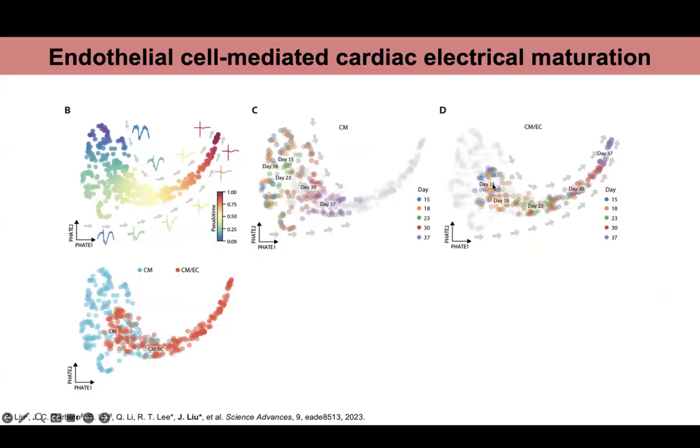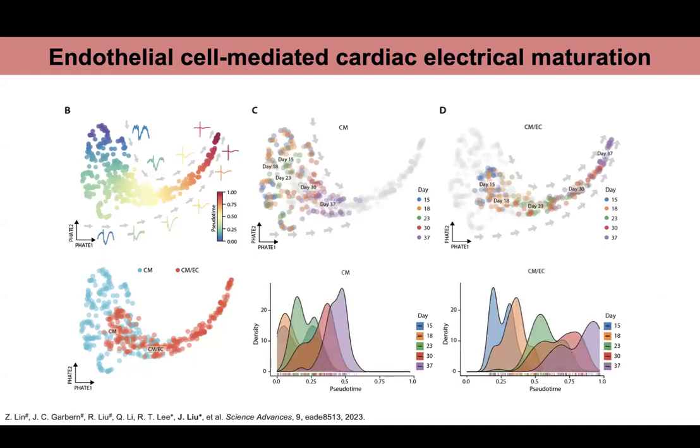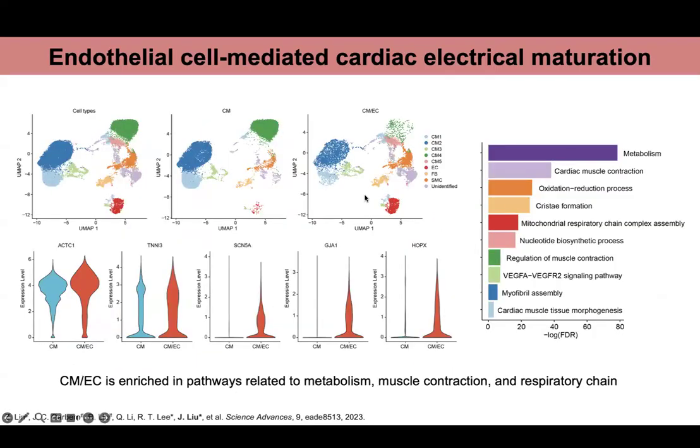But just with this 2 days of integration, they strongly shift the functional maturation stage of the cardiomyocyte towards a more matured stage. And then, using our technology, we can look at the gene expression at the specific development stage that shows the drastic difference in the electrical maturation stage.